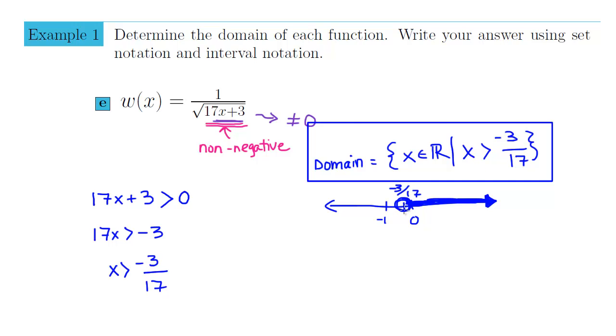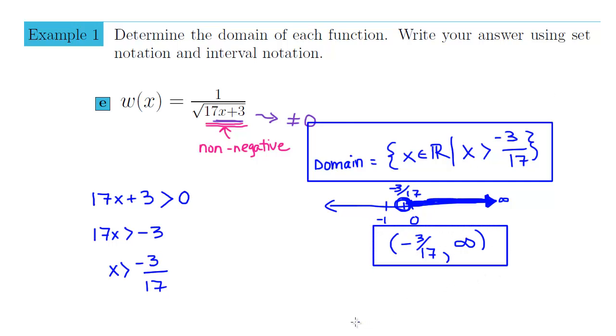We cannot include negative 3/17 because that would make our denominator 0, and we can't have that in a fraction. So in interval notation, we would say that the domain is the open interval negative 3/17 to infinity. That's the domain for the function w of x.